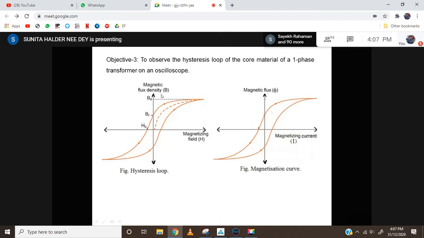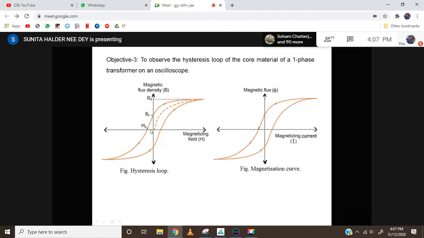So if we want to observe the hysteresis loop, then instead of plotting B versus H, we may plot phi versus I also. Why? Because it is not possible to extract B and H from a transformer which is in operation.